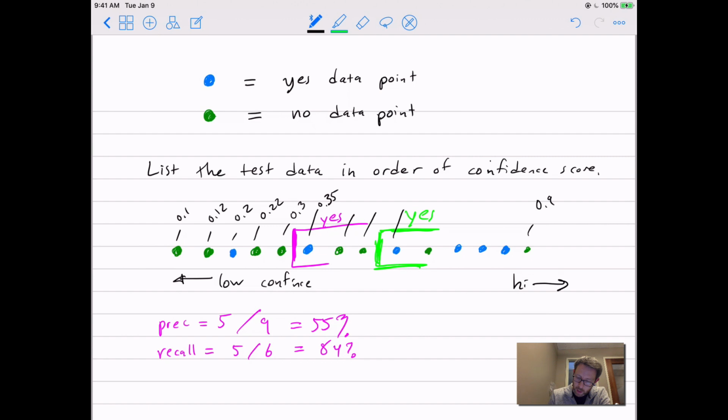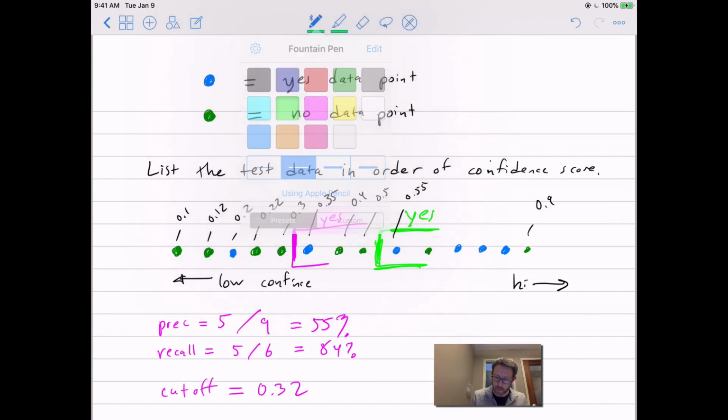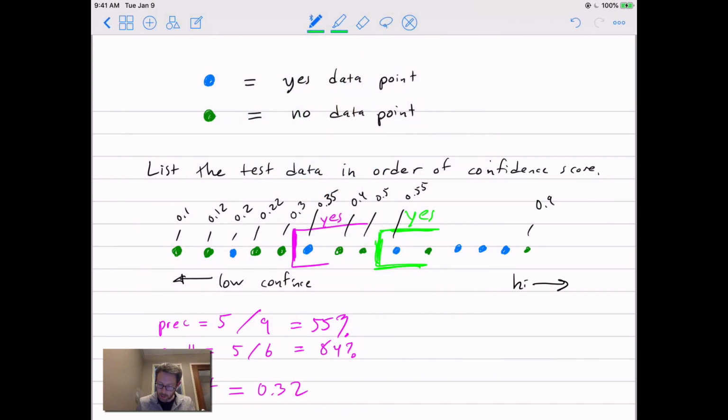So you can kind of see where I'm going here. So the magenta cutoff was about, let's say it was 0.32, and then the bright green cutoff is going to be 0.52.